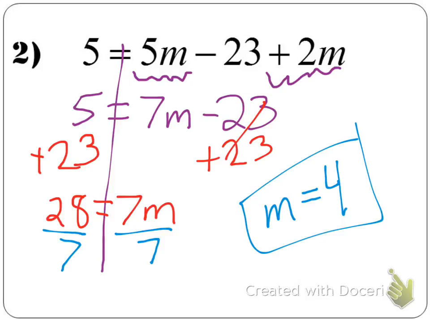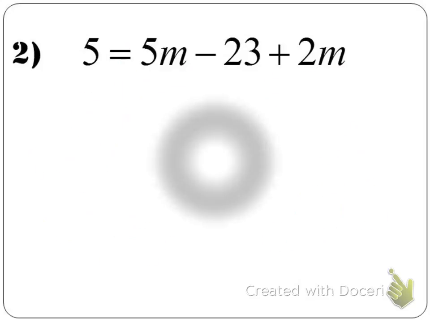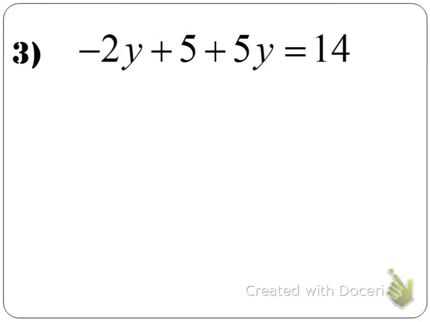Alright, here's problem number 3. So as you're writing this, you'll probably notice you have y's in a couple spots. That's not really ideal for solving equations. Since they're on the same side of the equal sign, we can just combine them like normal.